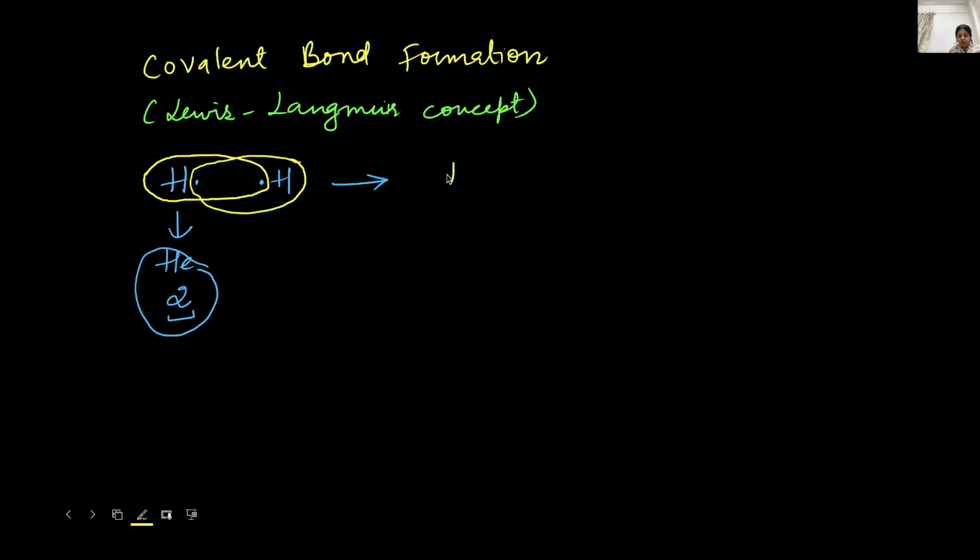Hydrogen shares its outermost electron with another hydrogen atom in order to complete its duplet. This is called covalent bond formation.